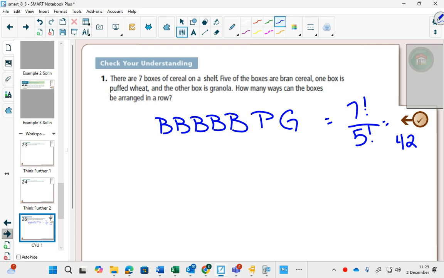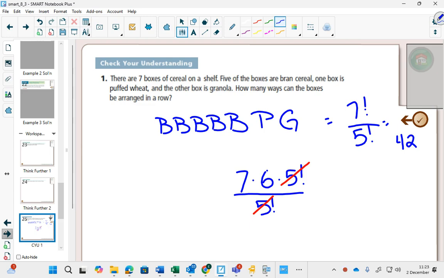Instead, you said, how do you simplify factorials? Start expanding the bigger one. And if I expand the bigger one, when I get to 5, I could keep going, but I'm going to add an exclamation mark because that would simplify these away. And I think 7 times 6 is fair for mental math, non-calc. And you would get 42.